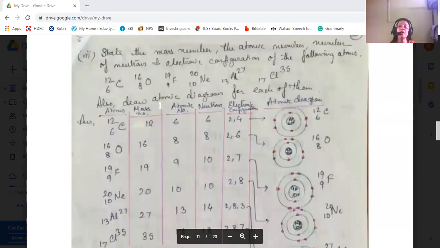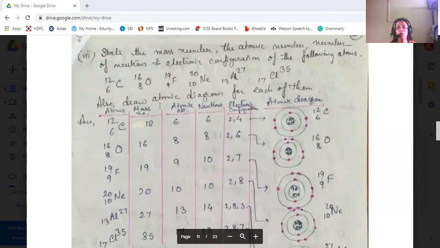Next is, state the mass number, atomic number, number of neutrons, and electronic configuration of the following atoms. First, C 12 by 6, 12 and 6. The 12, which is written on top as a superscript, is the mass number. Atomic number is 6.